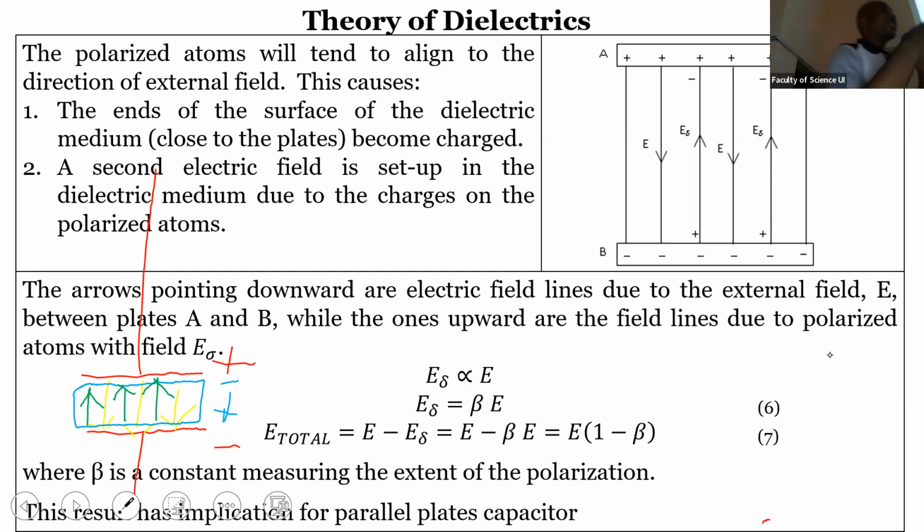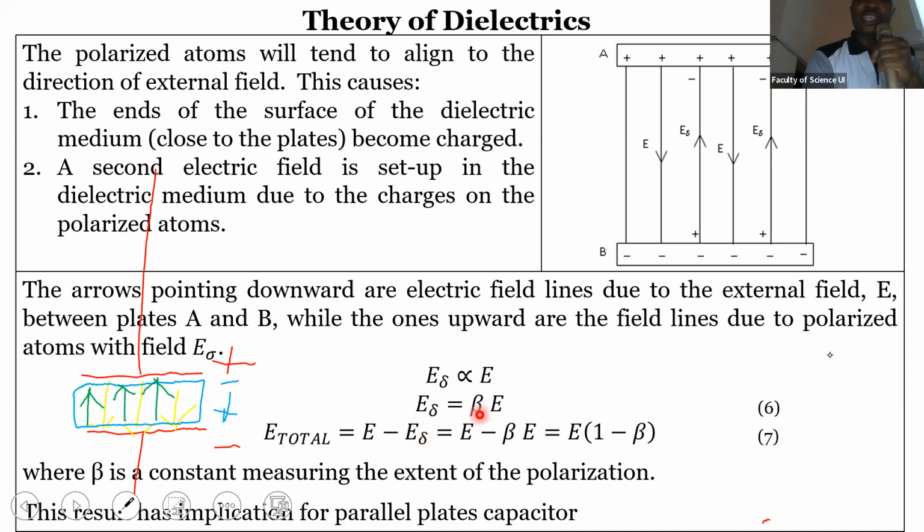Because the directions are opposite, we have a minus sign in the addition. So we have E, which is the external field, plus E delta, but because the direction is opposite, that is why we have a minus sign.